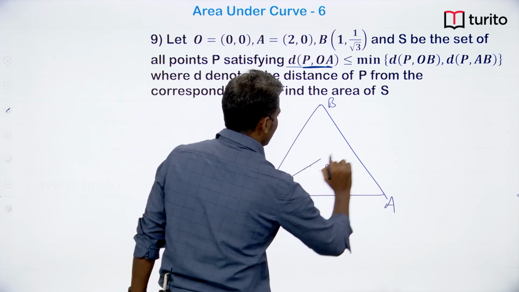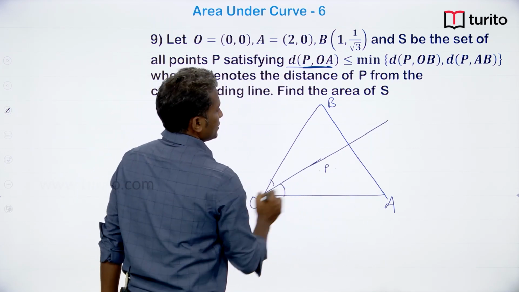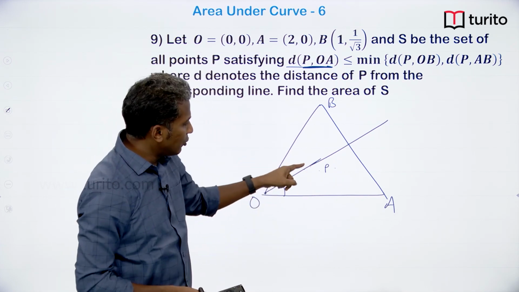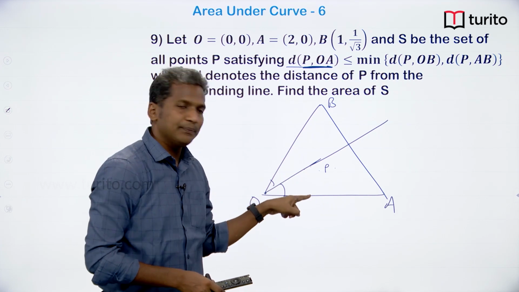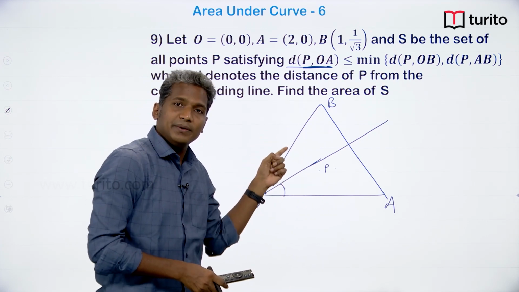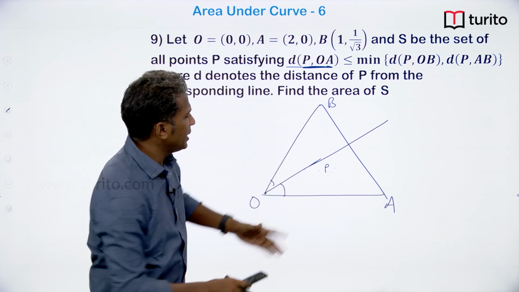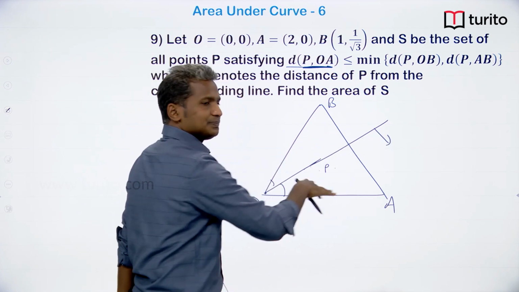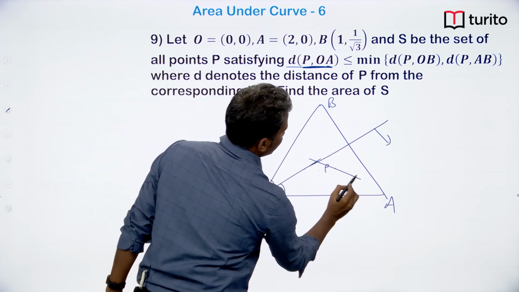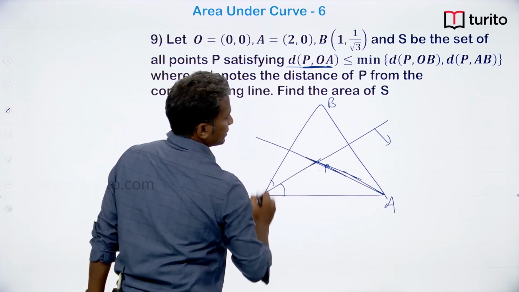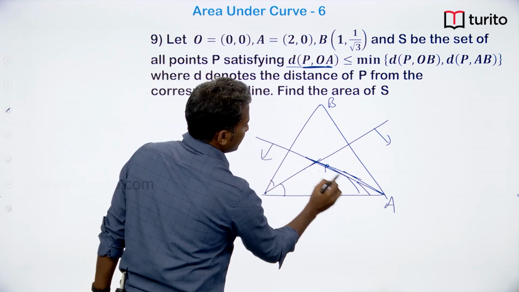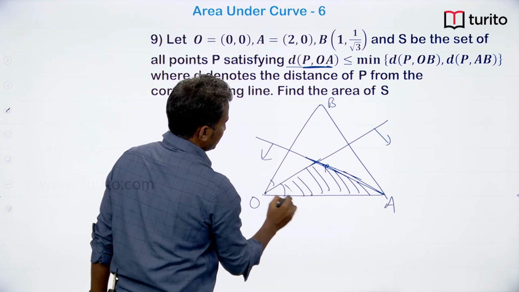So on this line, if P is there, the distances will be equal, but we want the distance from OA to be lesser than the distance from OB. So our point should be lying below this line. Similarly, when we compare for the other side, there will be another angle bisector here and our area should be below this. So basically we are talking about this area.